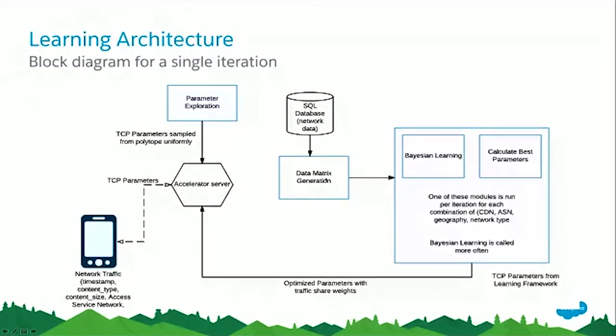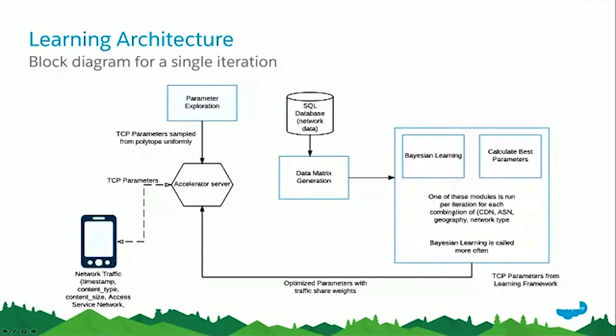The data matrix space is basically a more easy space to work with, and we pass the matrix to a module which we call the policy module, and for every given iteration, we either run a Bayesian learning on it or we calculate the best parameters deterministically.